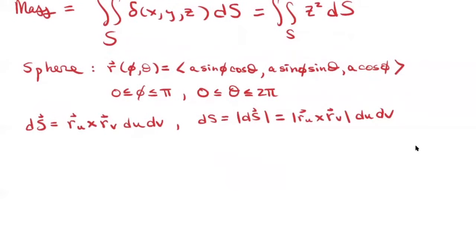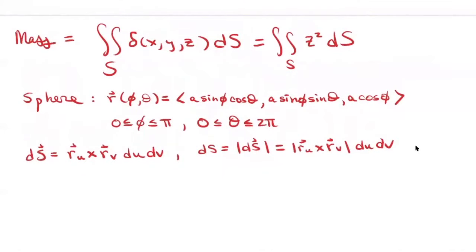Okay, here we go. Let's do ru cross rv. First of all, ru. Our independent variables are phi and theta. So let's change these to phi and theta.